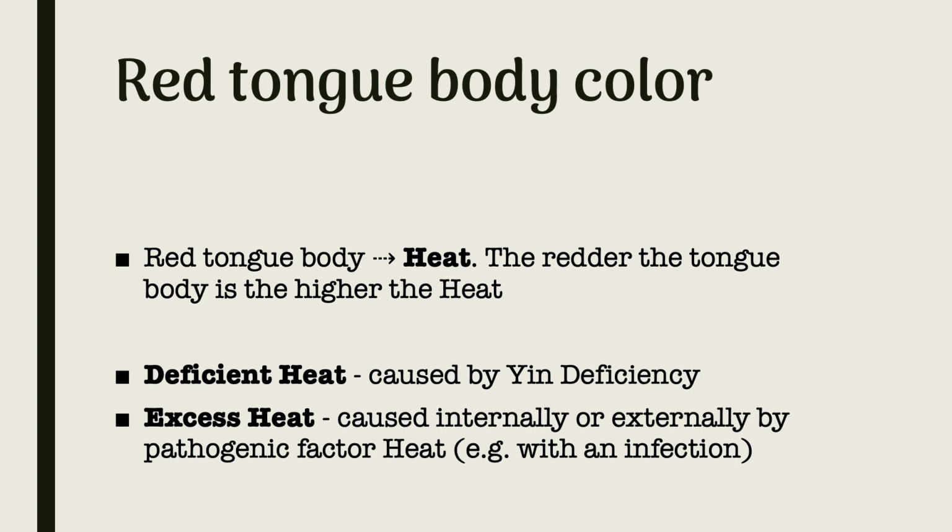This heat can be deficient heat caused by yin deficiency or excess heat. This excess heat can be caused internally or externally by the pathogenic factor heat, for example, with an infection.